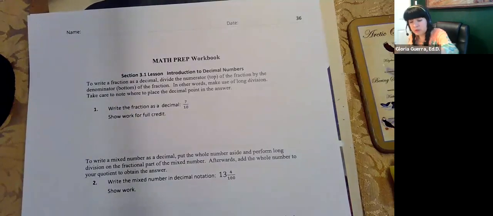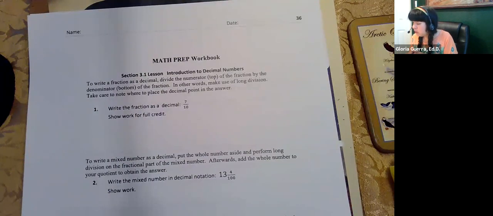All right. So if you look at some of our problems that start on page 36, it says lesson 3.1, introduction to decimal numbers. It says to write a fraction as a decimal, divide the numerator, which is the top number of the fraction, by the denominator, which is the bottom number.